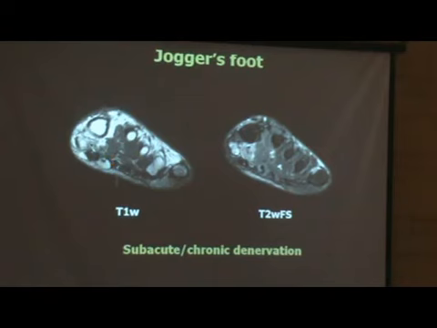So this is the typical denervation pattern of distal medial plantar neuropathy. And we can see here in the coronal T2 fat suppressed sequence, there is still some active denervation going on, since we have some diffuse edema, and here it is mainly the flexor hallucis brevis muscle.